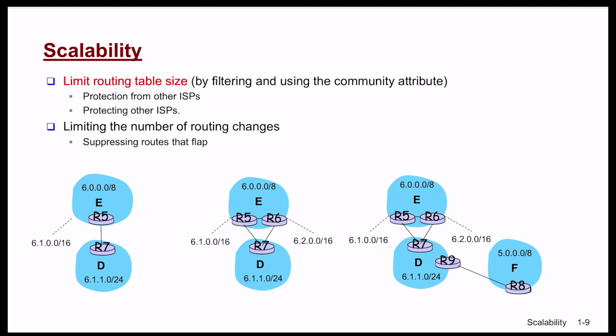Instead of advertising two adjacent prefixes, like 4.1.2.0/24 and 4.1.3.0/24, they can be filtered in the export policy and a less specific prefix, like 4.1.2.0/23, advertised.